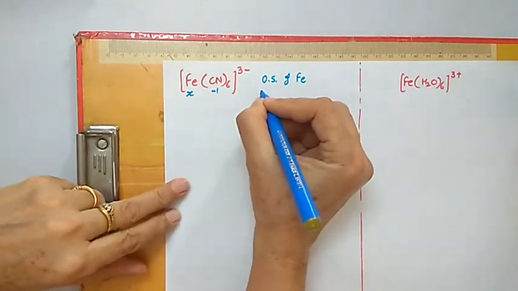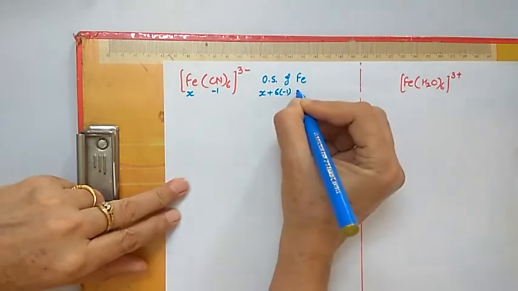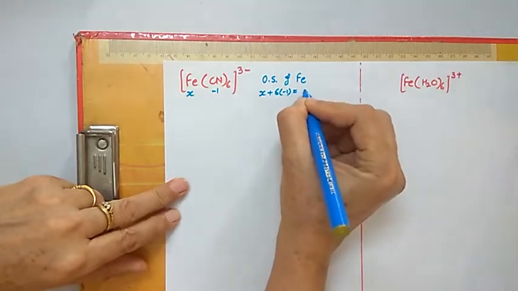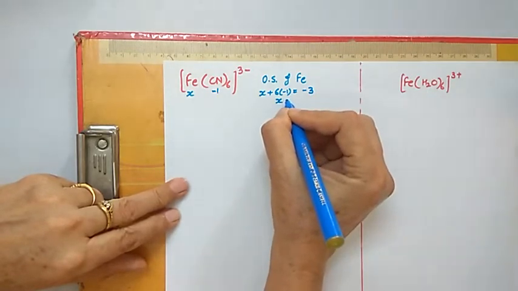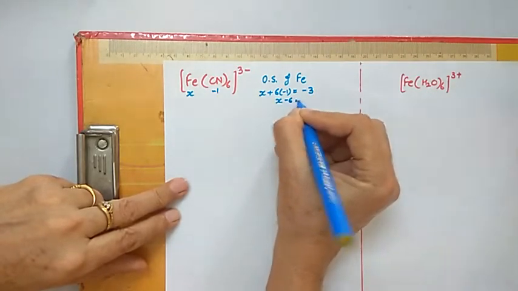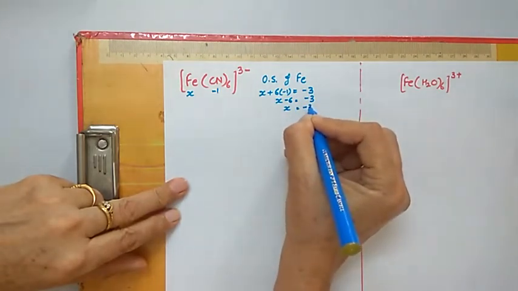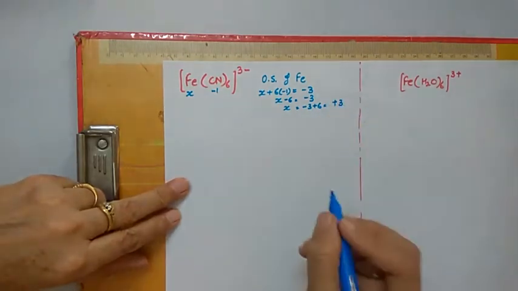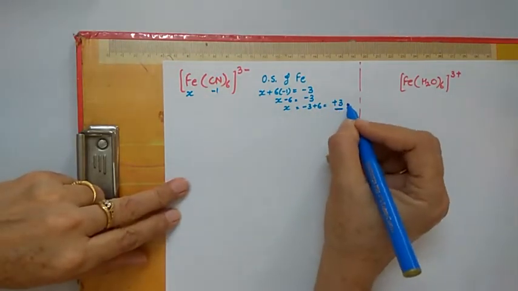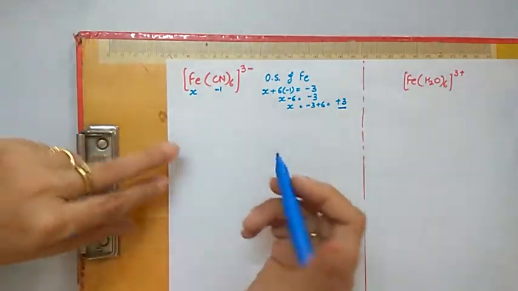So X plus 6 into -1 is equal to -3. So X minus 6 equals -3. So X is equal to -3 plus 6, that is +3. The oxidation state of iron is +3. Iron is existing as Fe3+ ion.